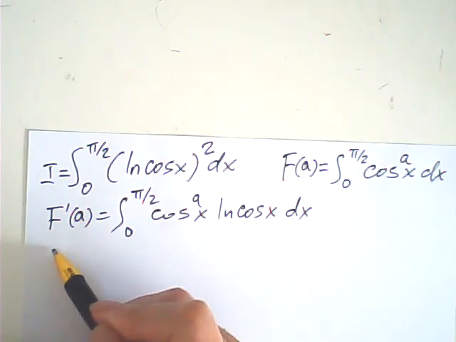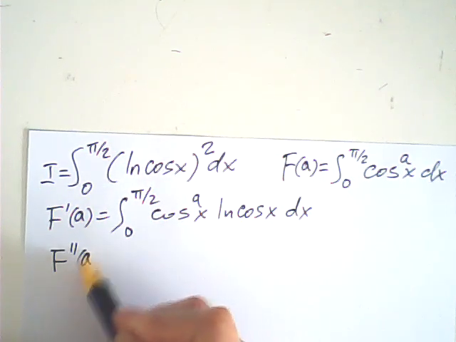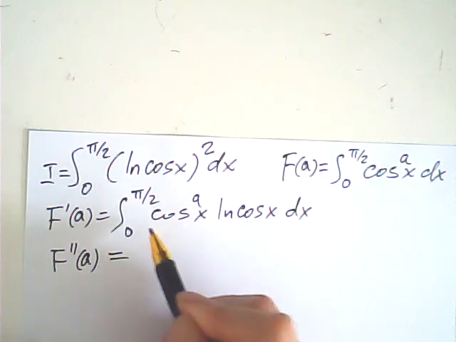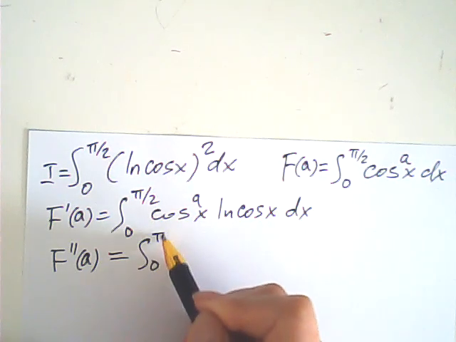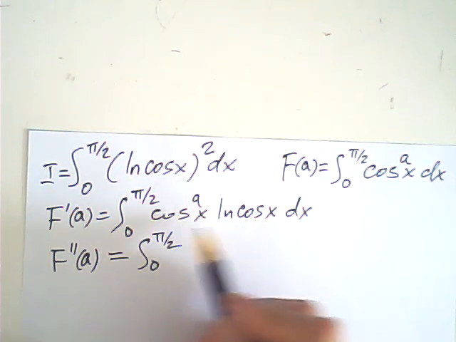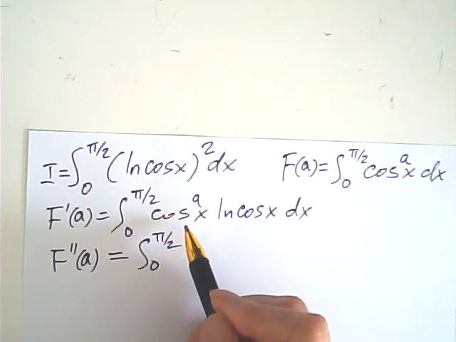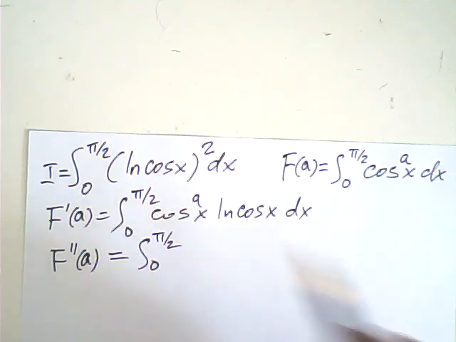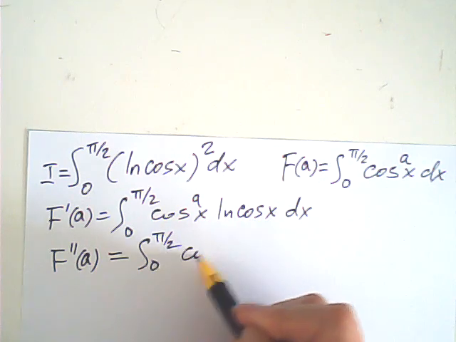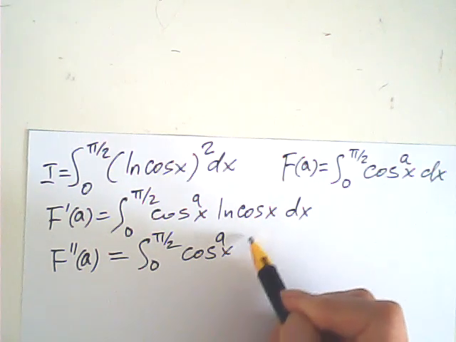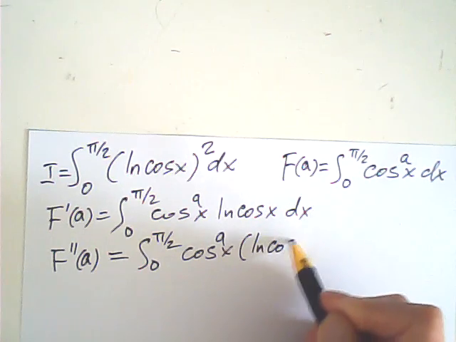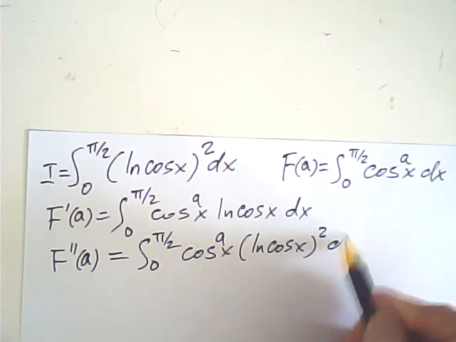If you take the second derivative, then just repeat again. This is constant. This derivative is equal to cosine a times the log cosine. So it becomes cosine ax and the log cosine x squared dx.